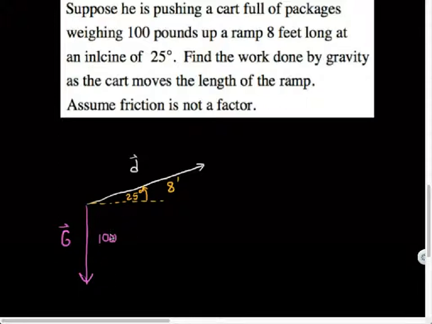All right, but its magnitude is still positive 100. So there we go. There's our sketch. And so my object ends up moving up a ramp 8 feet, but this is continually putting 100 pounds of force on it. And it says assume friction's not a factor. That's nice. Thanks for helping us out there.